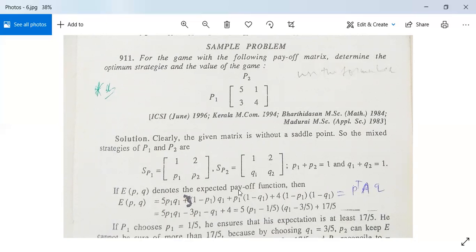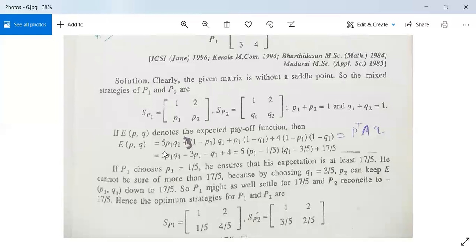Now if EPQ denotes the expected payoff function, जैसे हम लोग पहले पढ़ लिए थे, then EPQ can be written as, फॉर्मूले का यूज करेंगे 5 times P1 Q1, this is your 5 means A11 P1 Q1 plus this is your A21 means 3 into 1 minus P1 Q1 plus this is A12 means 1 into P1 1 minus Q1 plus 4 means this is A22 1 minus P1 into 1 minus Q1.